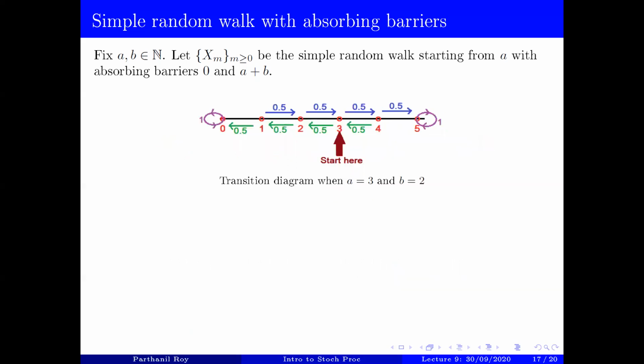So suppose X_m is a simple random walk starting from A with absorbing barriers 0 and A plus B. This is the transition diagram. If you accept that exercise as a fact, then the random variable tau, which gives the time for the Markov chain to get absorbed for the first time, is finite with probability 1.